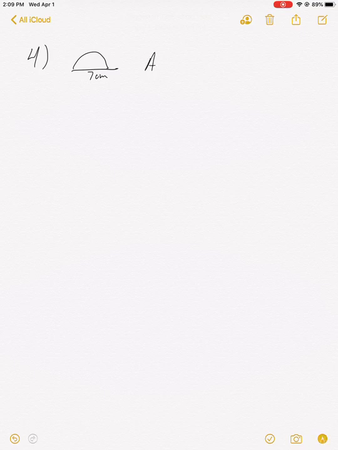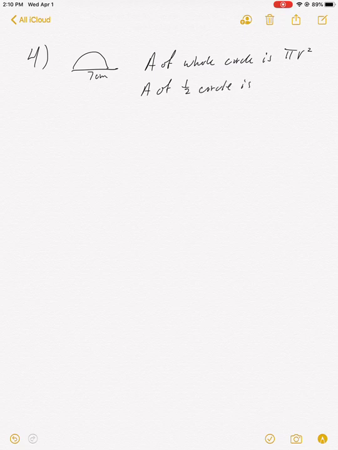The area of a whole circle is pi r squared, and that means the area of half a circle is half pi r squared. Now r in this case is going to equal half of the diameter, so r is half of 7 centimeters.